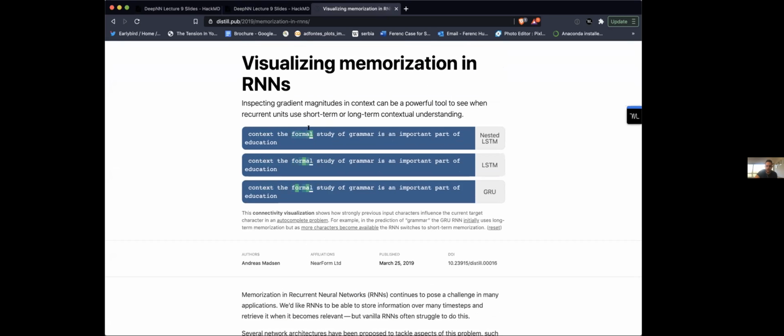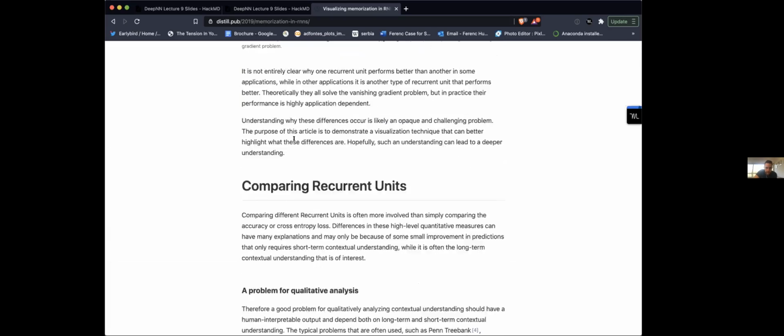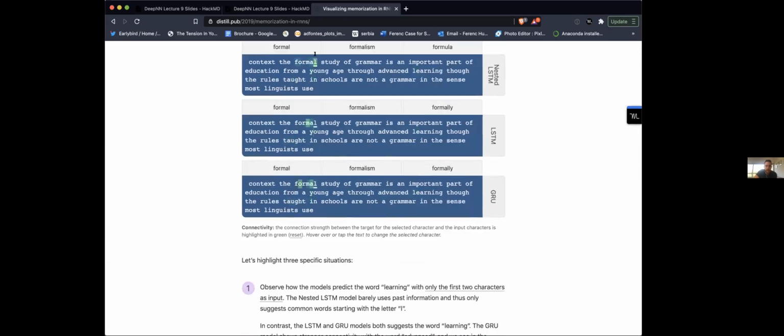Here's an example sentence. These are different RNN architectures that are trained for autocomplete, so predicting what the next word is going to be given what you have already typed.